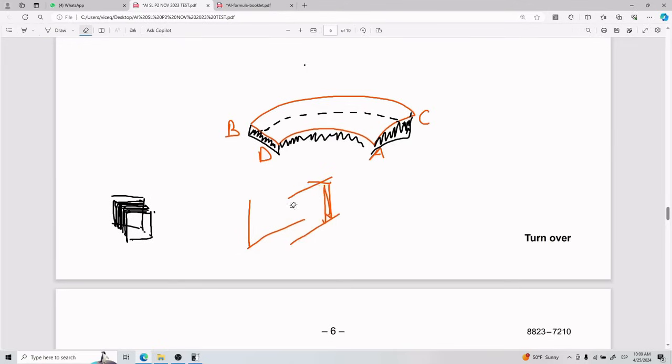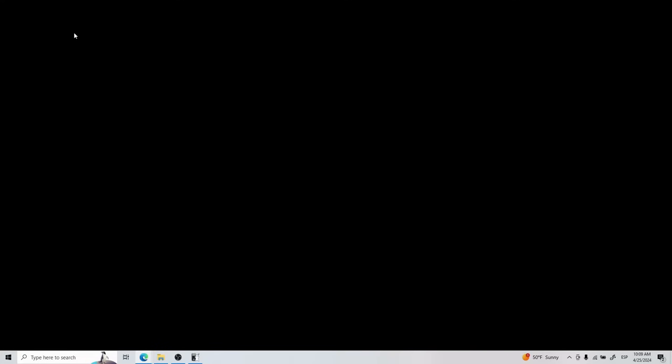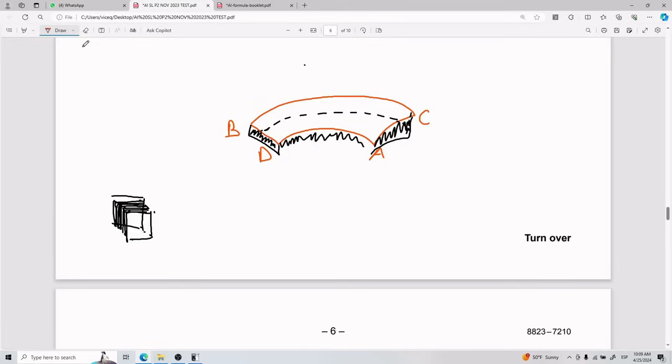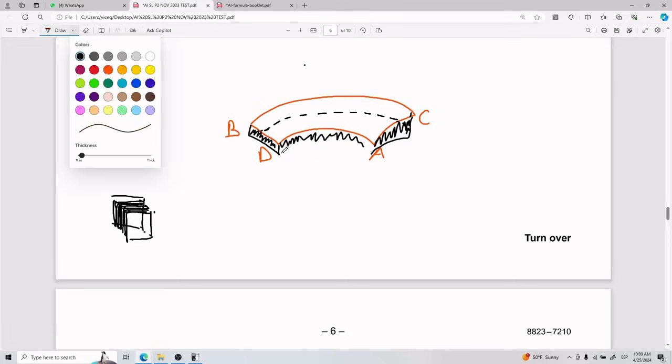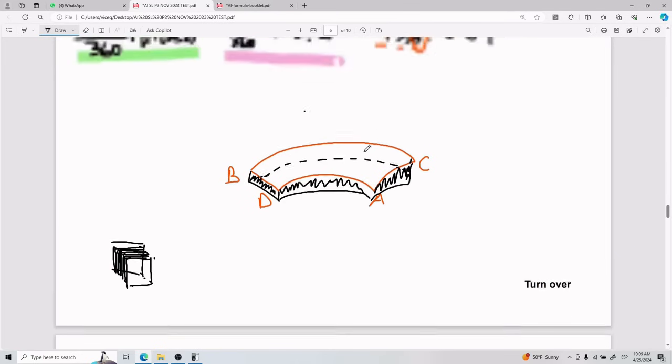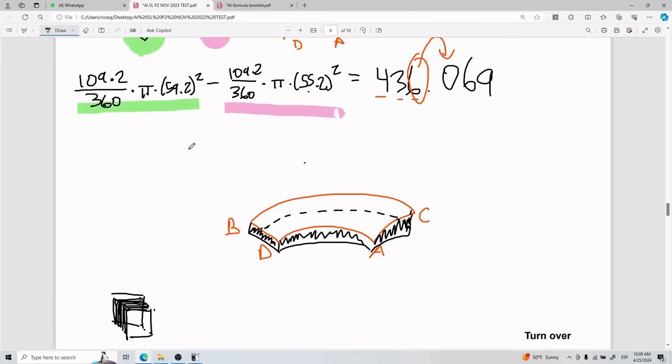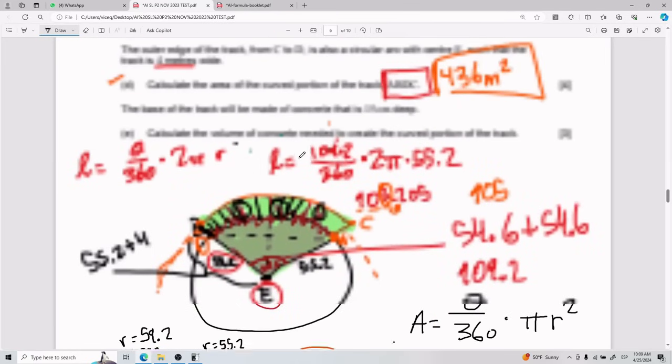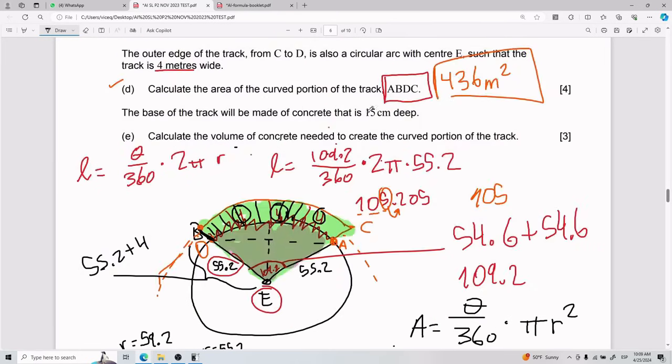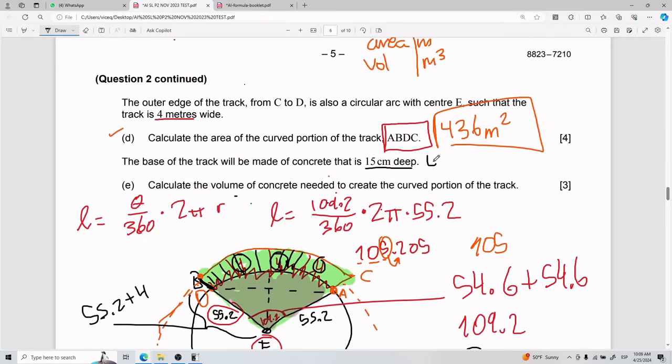And so in this case, you want to take this shape and, sorry about that, you want to take this shape and how many times do you want to multiply it? Well, you need it to be 15 centimeters deep. So technically you can take your answer from part D, the 436, and just multiply it, right?